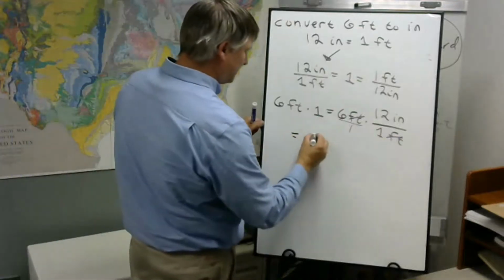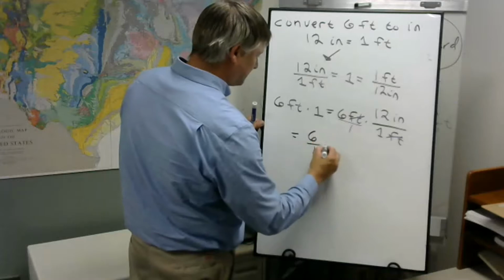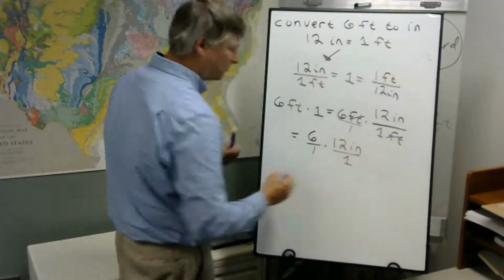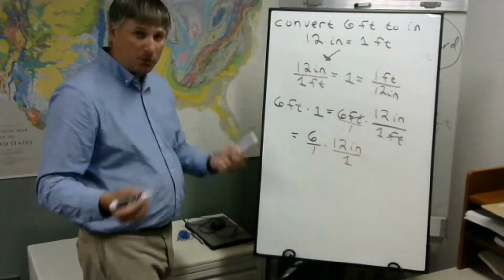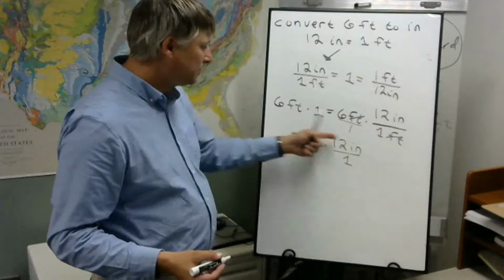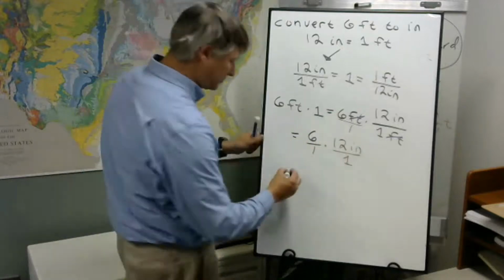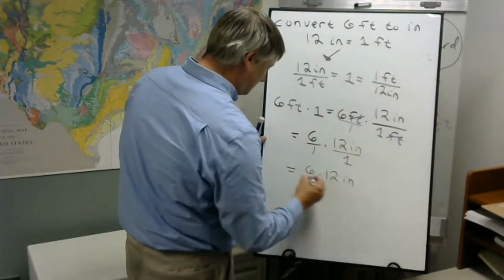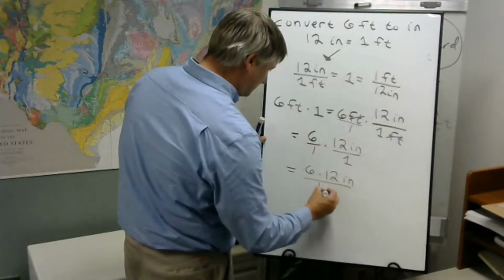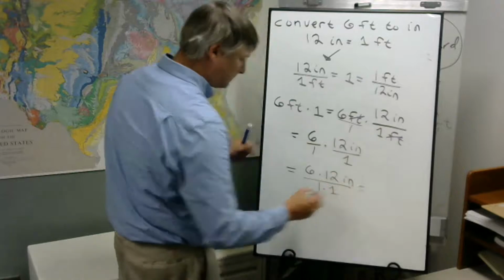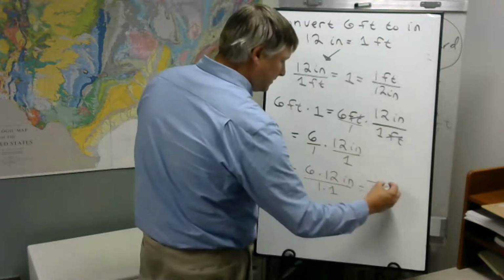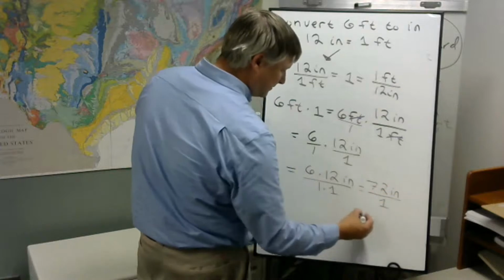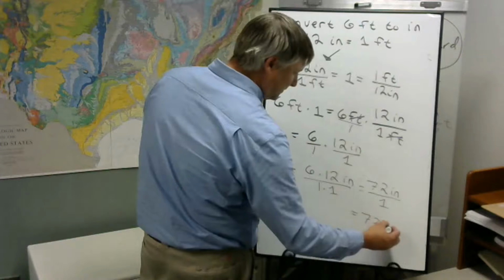So what we're left with, 6 over 1 times 12 inches over 1. And with multiplying fractions, we multiply directly across. So we'll get 72 inches over 1, 72 inches.